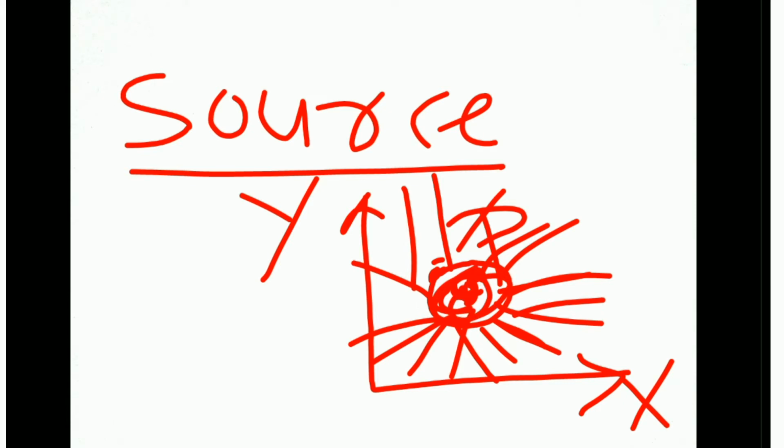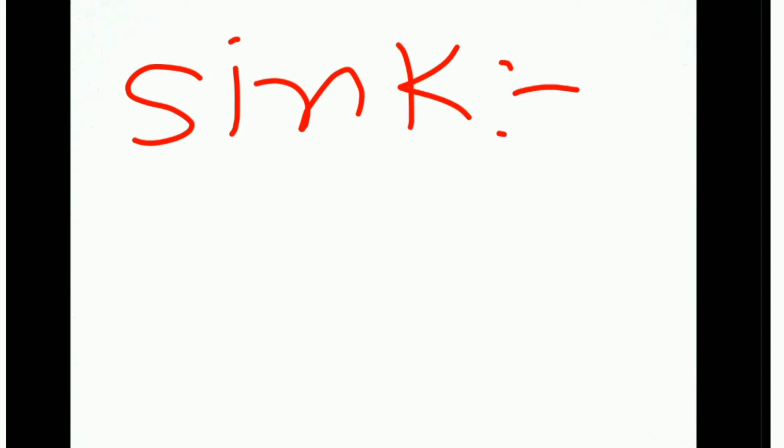Now about sink. Sink is a point in which fluid is flowing in symmetrically and radially in all directions. This sink is the negative of the source.